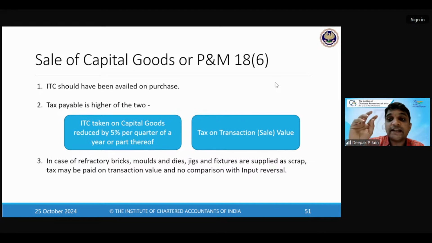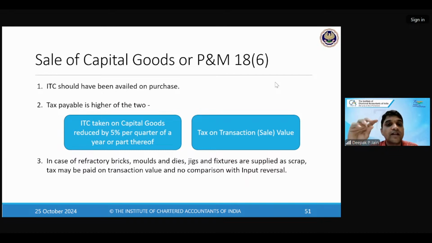But if you have bought any asset which is capitalized, other than blocked credit, and you have availed the credit, then tax payable will be the higher of the two: the ITC taken on the capital goods, reduced by 5% per quarter of a year or part thereof, or the tax on the sale value.